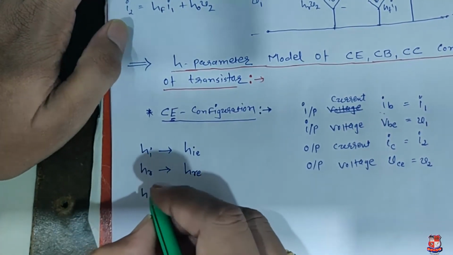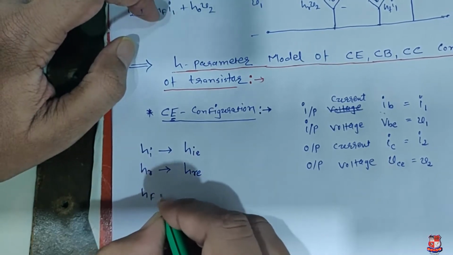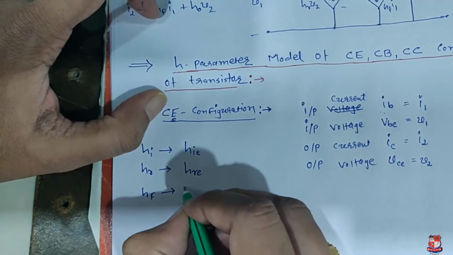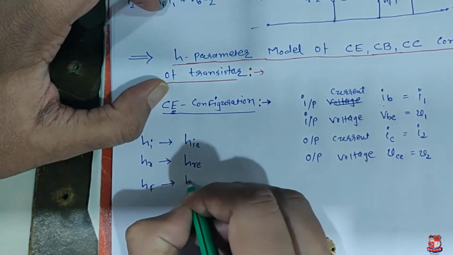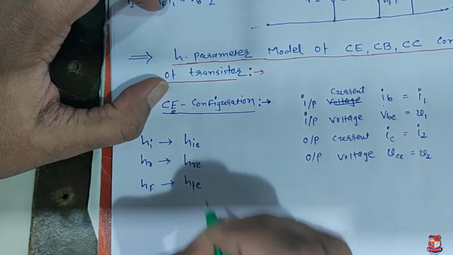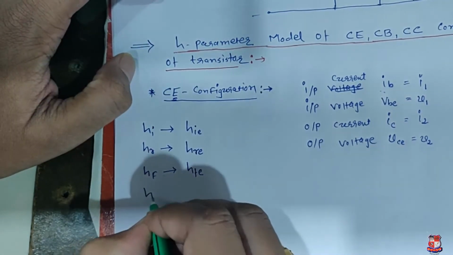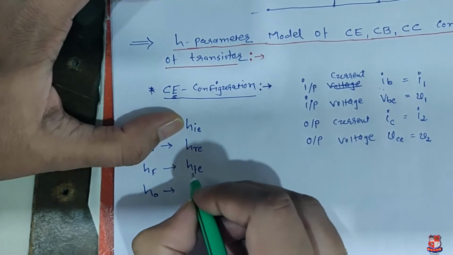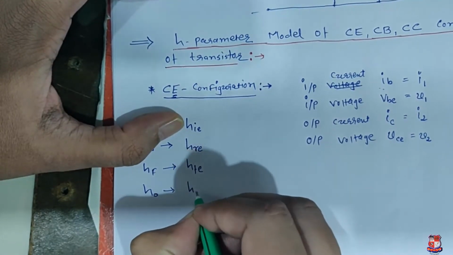HF is the forward current gain. For specific common emitter configuration we have to write HFE. And HO is the output admittance. For common emitter it will become HOE.